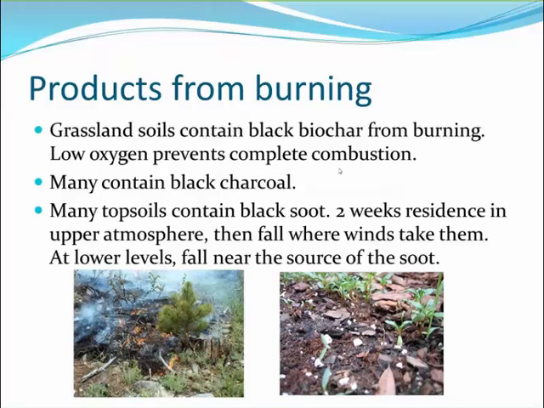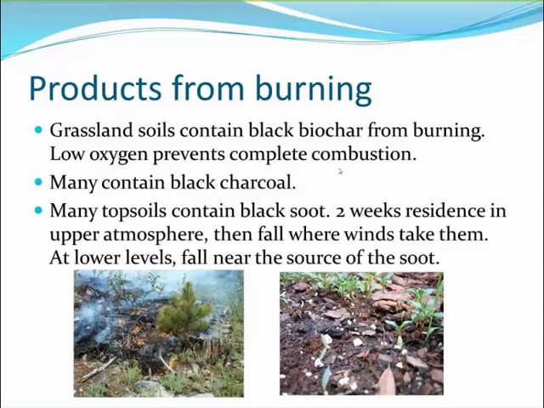Well, the same thing happens in a grassland. If you have a high production of grass, and then that grass falls over during the winter, and the next spring a fire starts, that grass is probably not going to burn completely to the ground because it will still have moisture trapped underneath it. And that's a special thing, because if you get incomplete burning or burning with low oxygen, you end up with black charcoal.